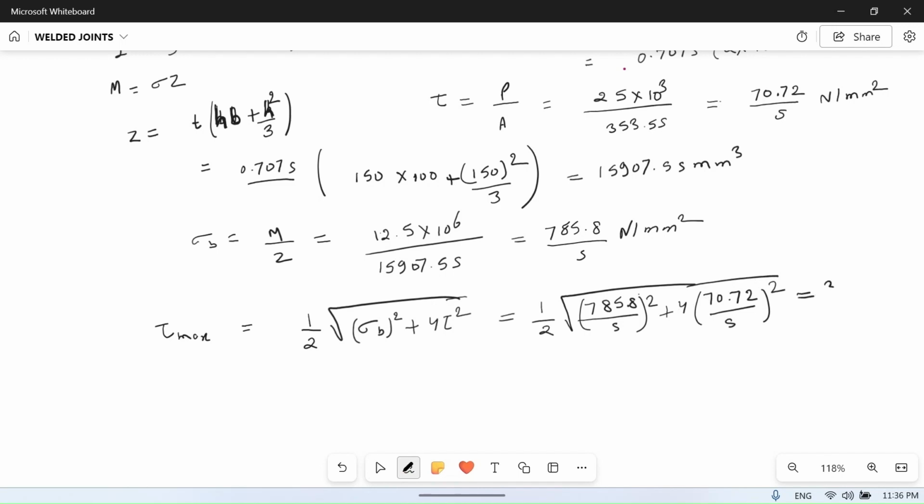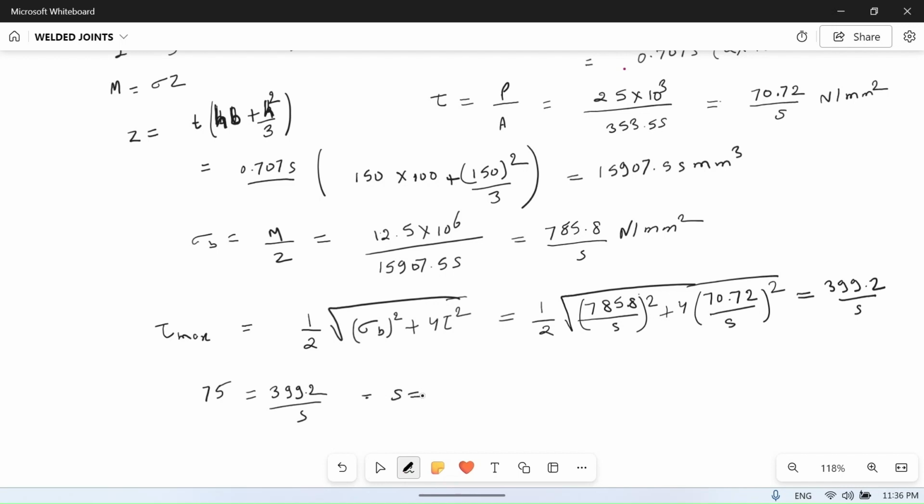This will be equal to 399.2 divided by S. And tau maximum is 75, given in the question. It will be equal to 399.2 divided by S.